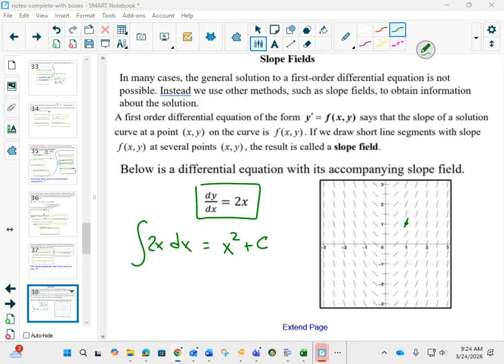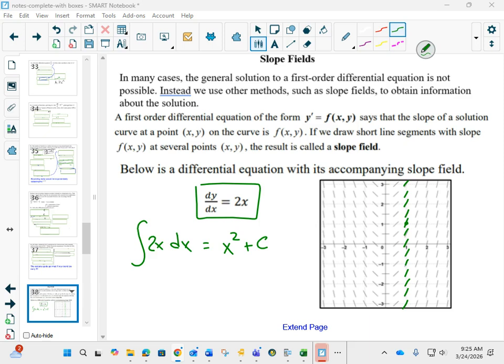Can you see that if you plug in any of these ones, you see how they're all the same slope? All of these lines here. Why do they have the same slope? Because all of those points would have an x-coordinate of 1. The y-coordinate changes, but there's no y in this equation.